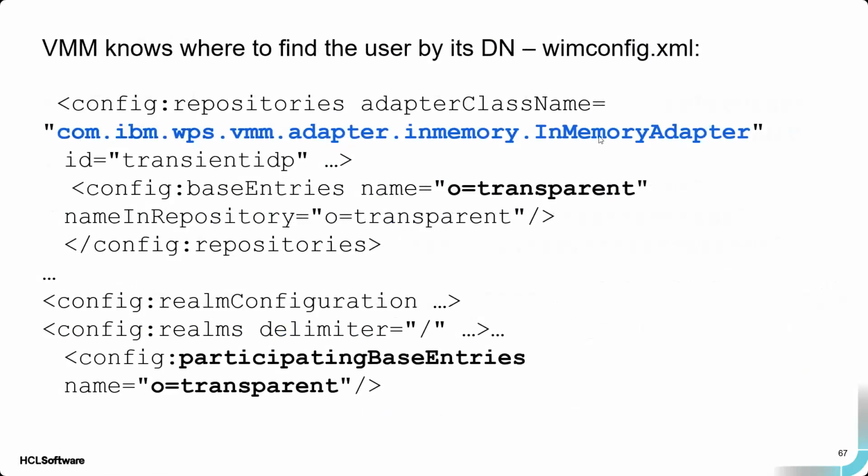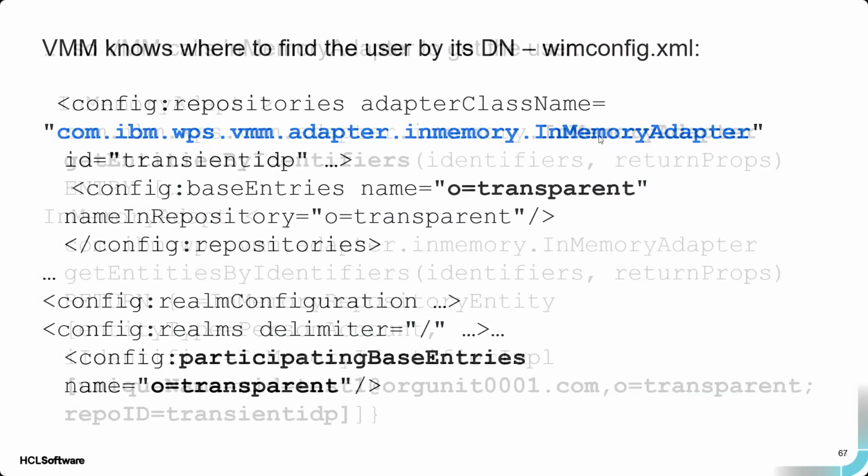It is an in-memory adapter that is, this is HCL code here. And it knows how to read that subject that we looked at earlier and answer the questions to every VMM API call that Portal might make. So you can treat these users that exist nowhere other than in memory in an equivalent way to users that exist in a physical repository.